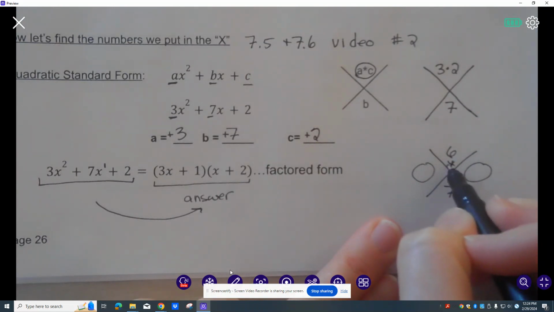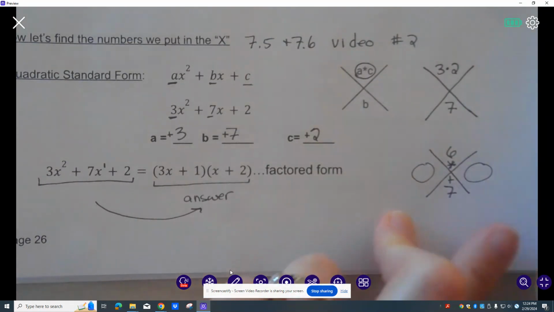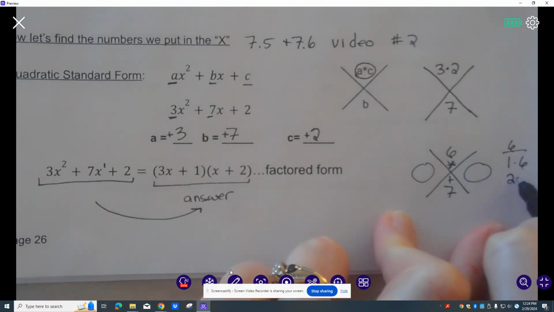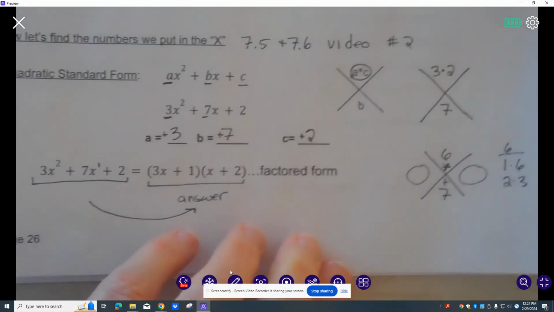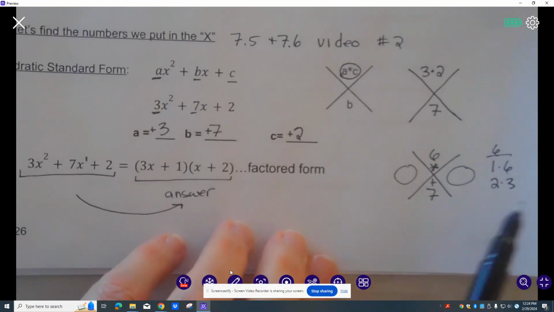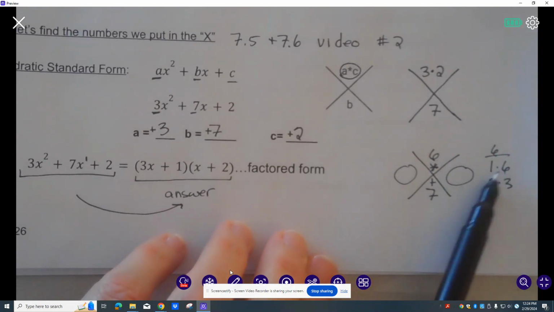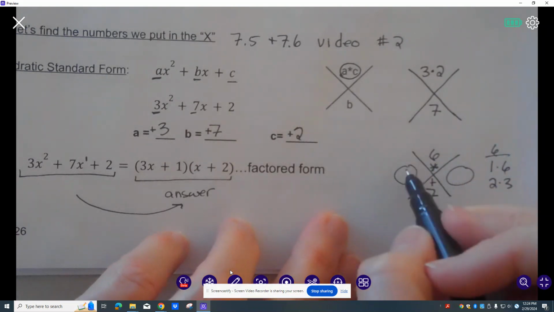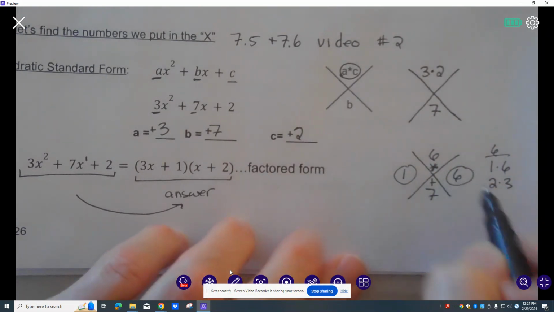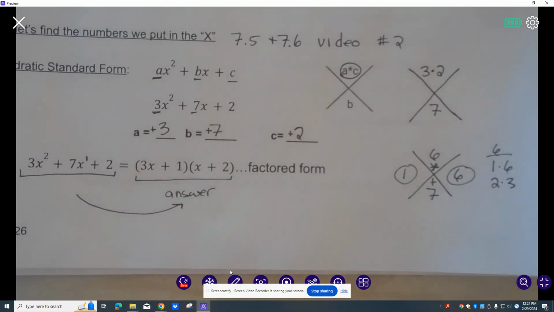So this is where you'll start by listing your factors of 6. And you'll look at those factors of 6 and think, which set of these factors, when I add them, will I get a 7? Well, that would be 1 and 6. And then I'm going to encourage you to get in the habit of circling those 2 values that you found there, because that's going to become important in the next step.